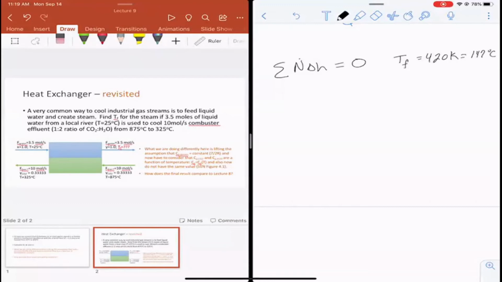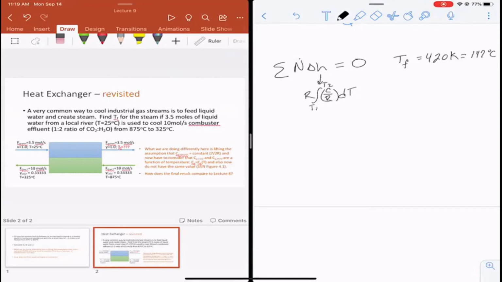Okay. So if we revisit this, except now each of these delta H's are the integral of Cp over R dT, from T1 to T2, times R, to get these same units.